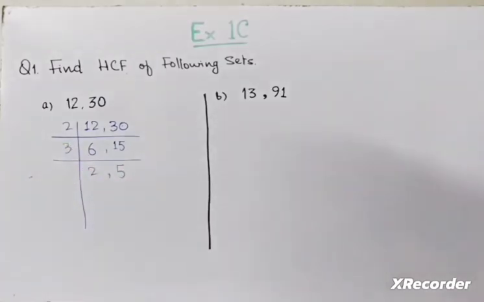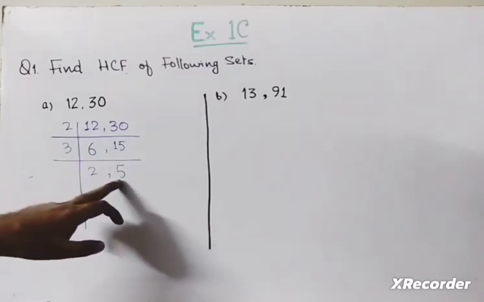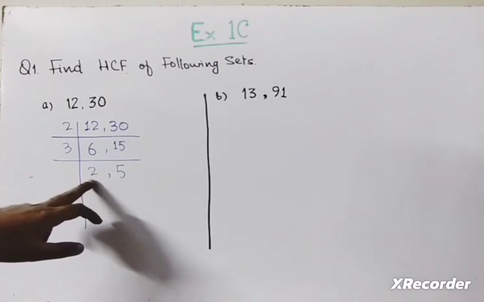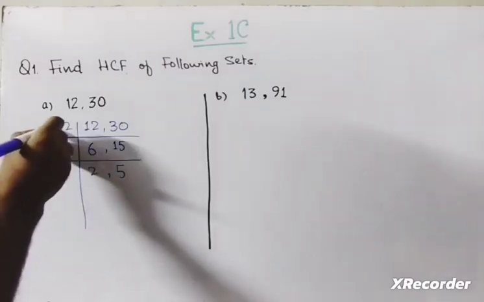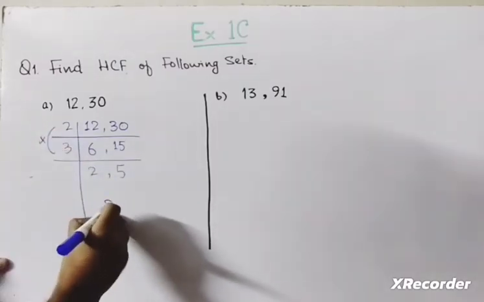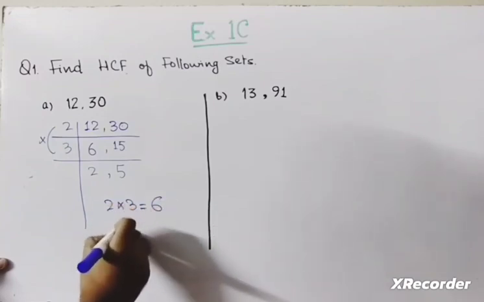Now at that point 6 gives us 2 and 15 gives us 5, but there is no number which can divide either 2 or 5, so we will stop here and our answer will be 2 multiplied with 3, that is 6. So our HCF is 6.